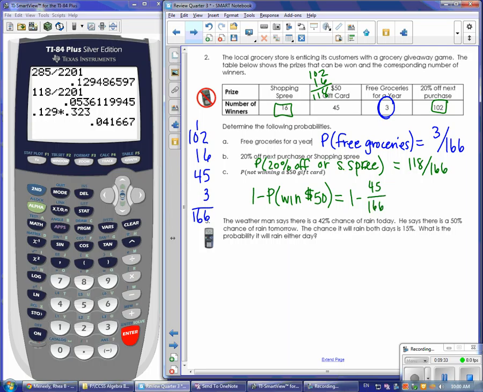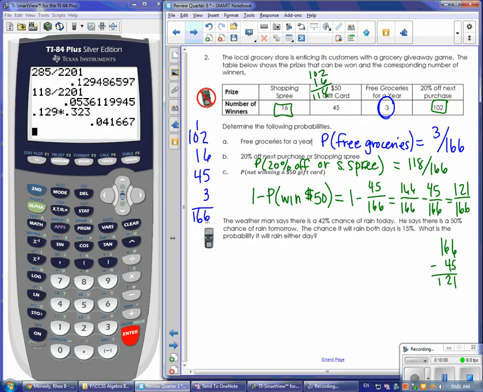And if you think about it, the 1, you'd have to find common terms here, is the same thing as 166 out of 166 minus 45 out of 166. And if I subtract my numerators, I know 6 minus 5 is 1, 6 minus 4 is 2, so that gives me 121 over 166. Okay.